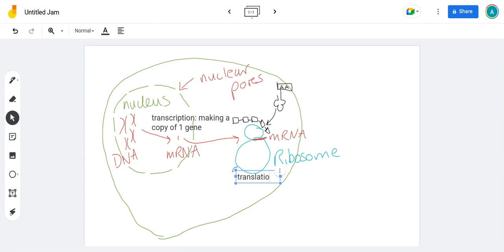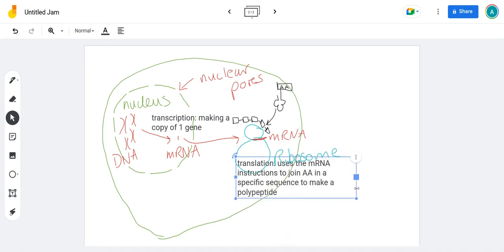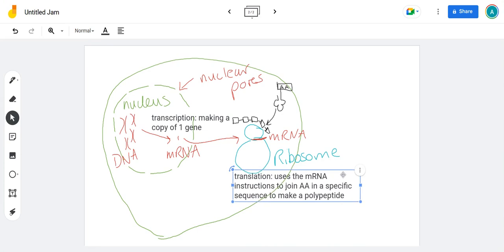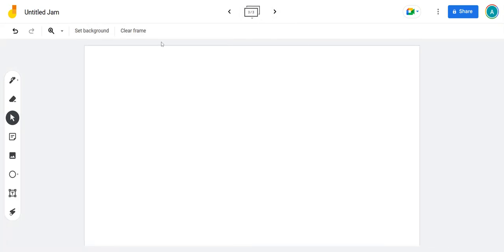And what translation does is it uses the mRNA instructions to join amino acids in a specific sequence to make a polypeptide, which folds up into the protein. So we've got transcription happening over here in the nucleus, and we've got translation happening over here in the cytoplasm.